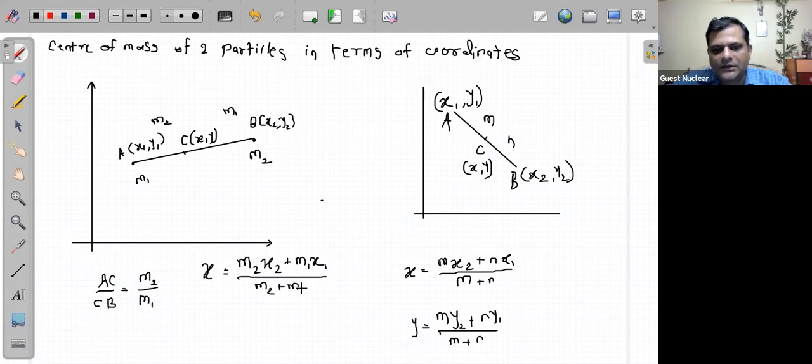That's it. And this is the y coordinate of the center of mass, which can be similarly written to be simply equal to m2 into y2 plus m1 into y1, that is to be whole divided by m2 plus m1 in this way.